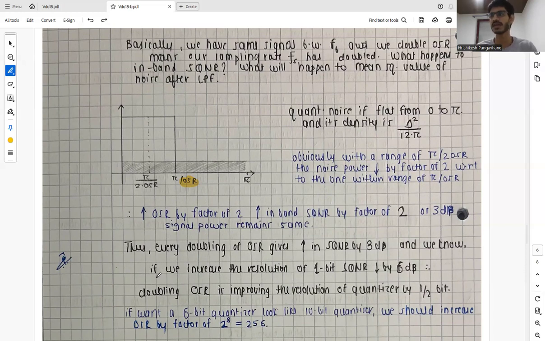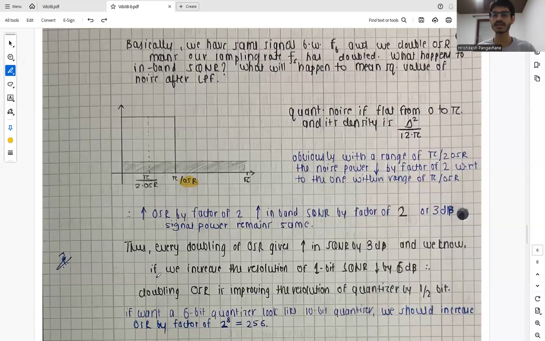So if we want a 6-bit quantizer to look like a 10-bit quantizer, we should increase the OSR by a factor of 2 to the power 8, because we are going from 6-bit to 10-bit. For every factor of 2, we get a 0.5 bit increment.